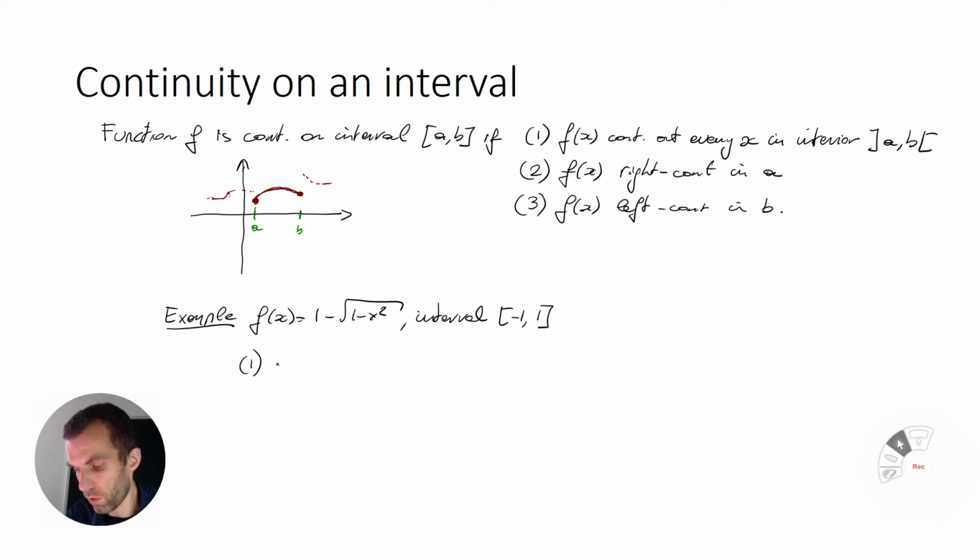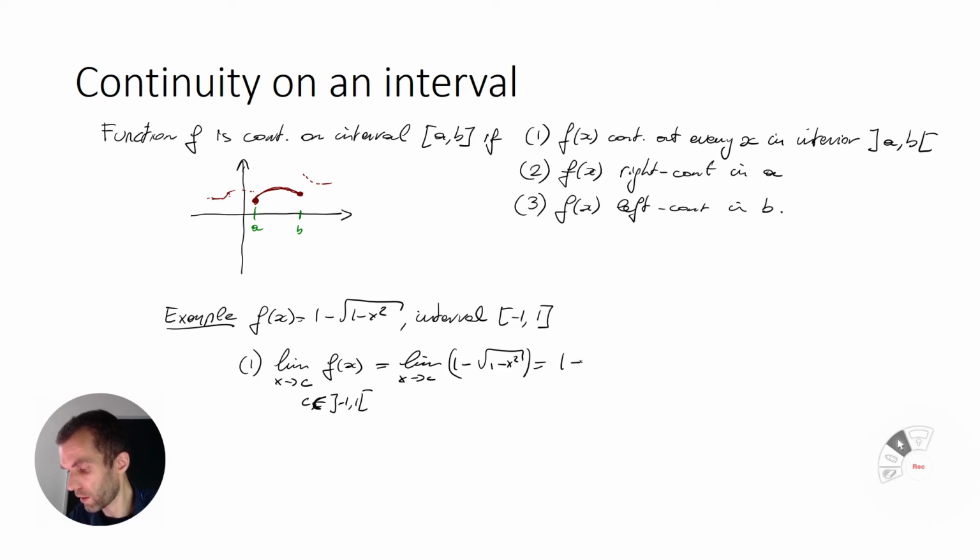So you can check this quite easily, that if you take the limit of x going to c with c in the interior of -1, 1, then you get this for the function, and that's 1 minus square root of 1 minus c squared, which is also our function value. So this here you can do with the limit laws.